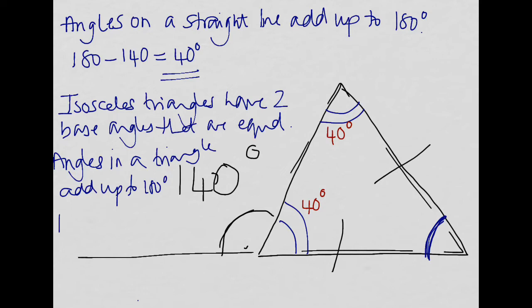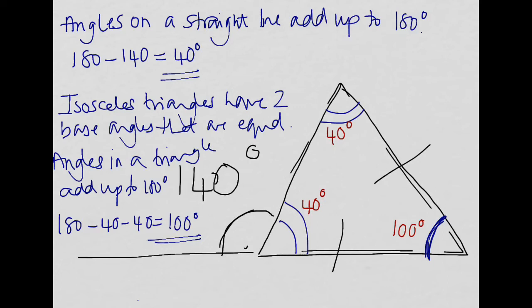So I then can do 180, subtract both of my other angles. So I've got 40 and another 40. So subtract 40 is equal to 100 degrees. So my final angle is 100 degrees, and that's it solved.